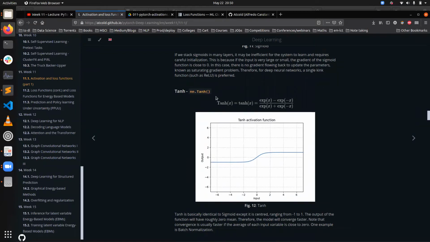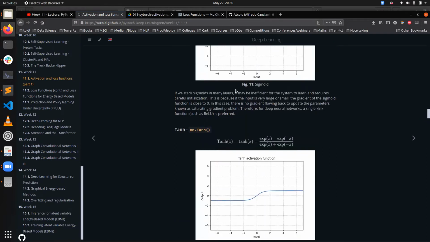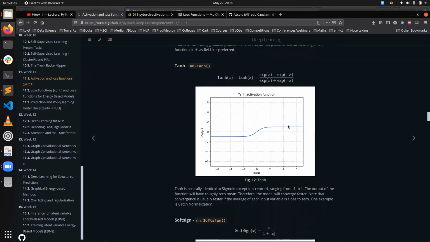Tan H is identical to sigmoid except it's centered, ranging from -1 to +1, whereas here it's 0 to 1. So the output will have a roughly 0 mean. And like I said earlier, anything that gives negative and positive values is good for model convergence.